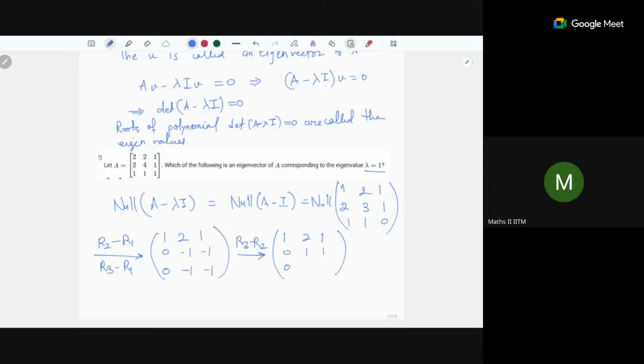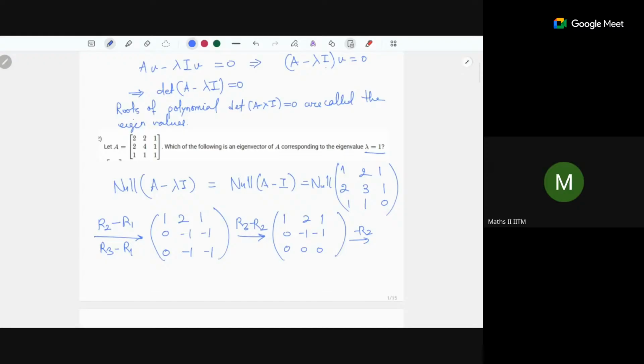So you will end up with this, and then I perform the operation R2 times minus 1 to get rid of the minus sign, and then I can further reduce to this. What is the independent variable in this case? Z is the independent variable, right? So you can express everything in terms of z.